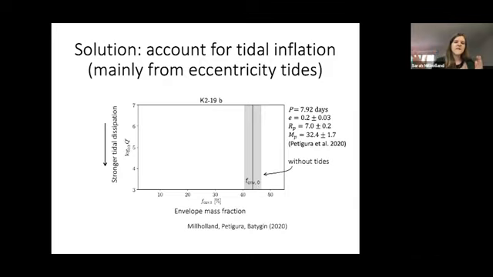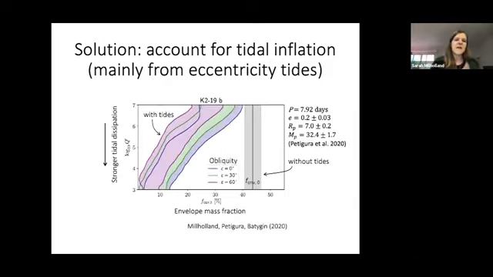But if we include tidal heating in our model, then we get these posterior parameter distributions in the tidal quality factor of the planet and the envelope mass fraction. So this is how strong of dissipation the planet is experiencing. And here we're just assuming that the eccentricity is fixed to this 0.2 observation, but we're plotting it for different values of the obliquity of the planet.